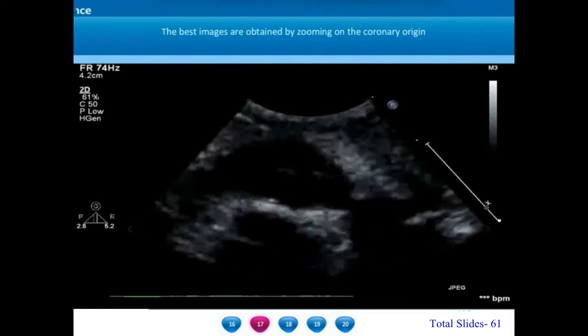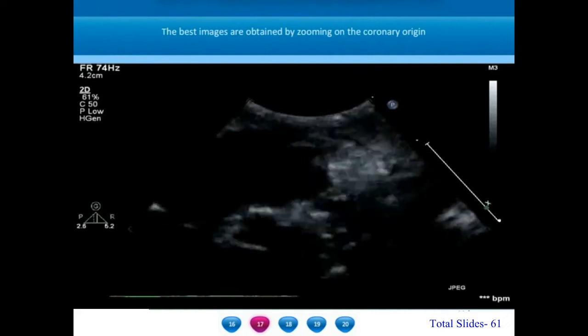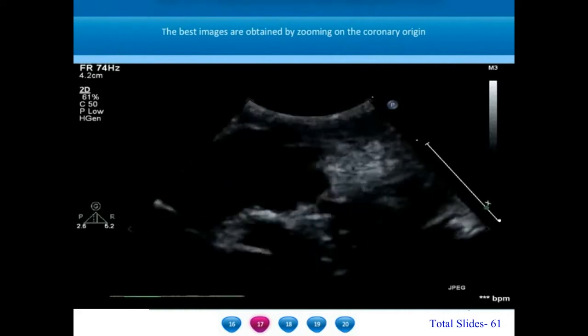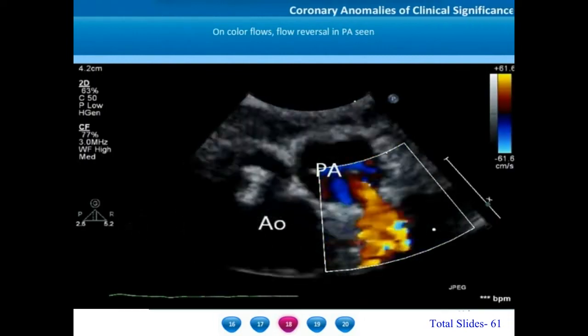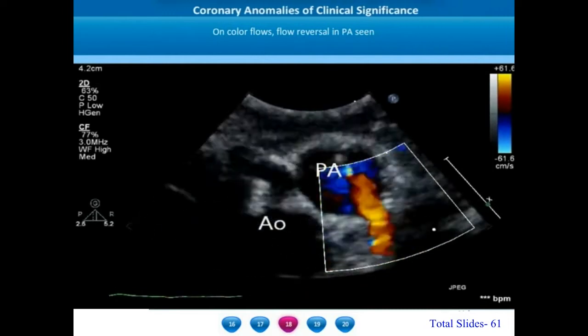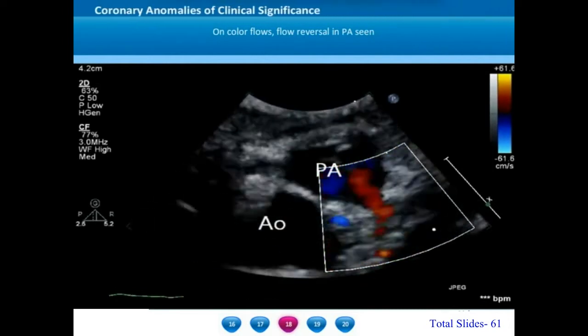You can see the clear branching of the LCA into LAD and circumflex. On color flow, we can see a nice flow reversal, seen as a red color, from the LCA back into the PA.